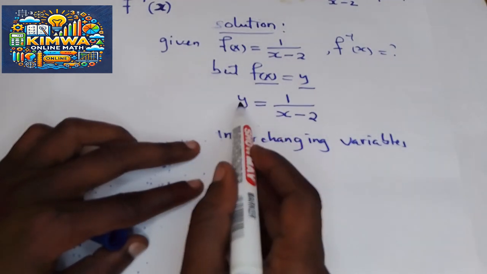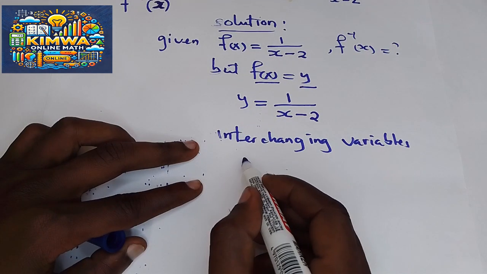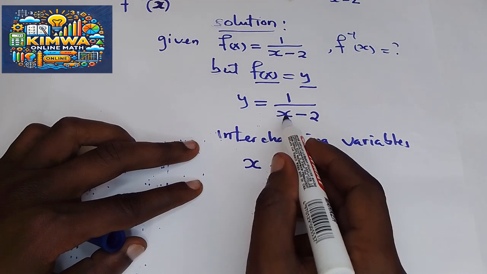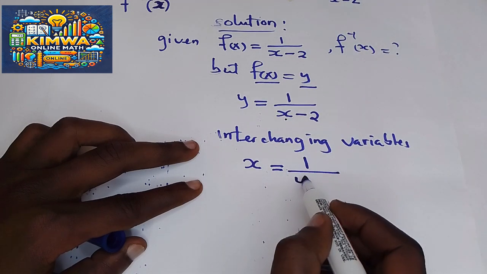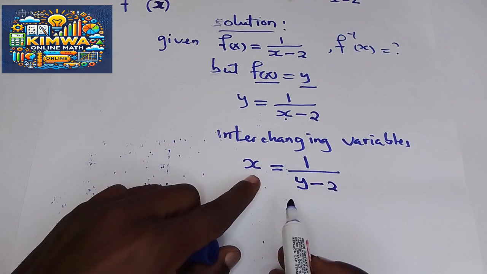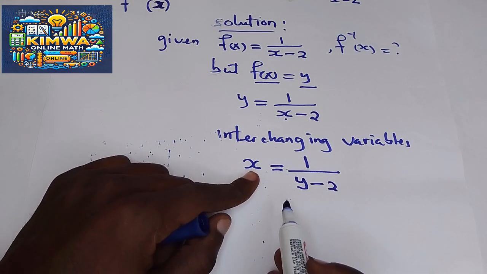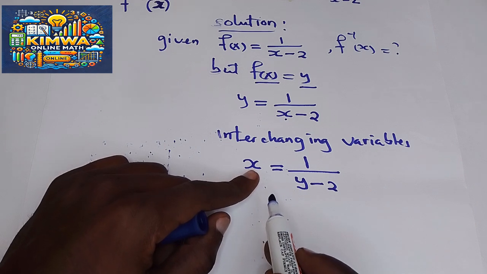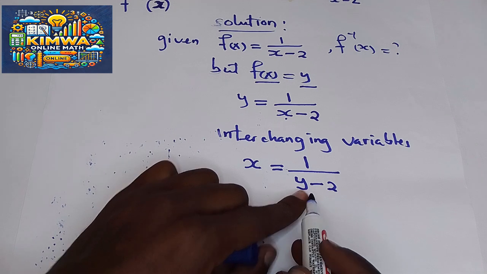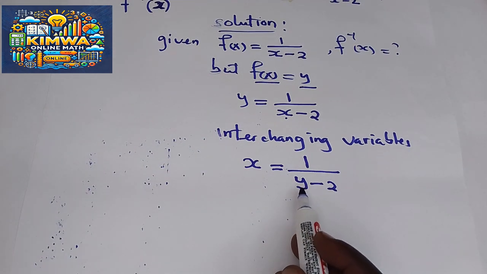So here, instead of writing y, we now write x, which is equal to 1 over y minus 2. You see, here it was the position of y, but now we have written x. And also at the denominator, it was the position of x, but now we have written y.